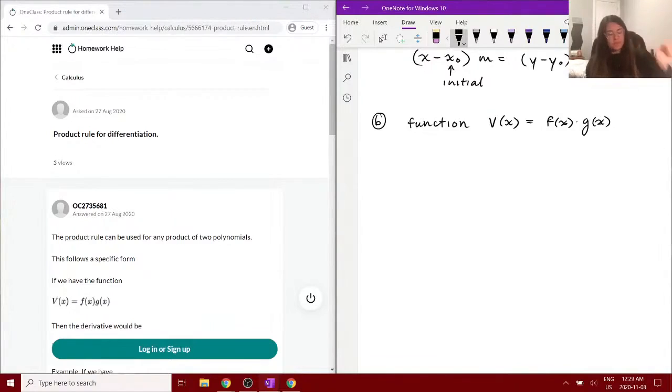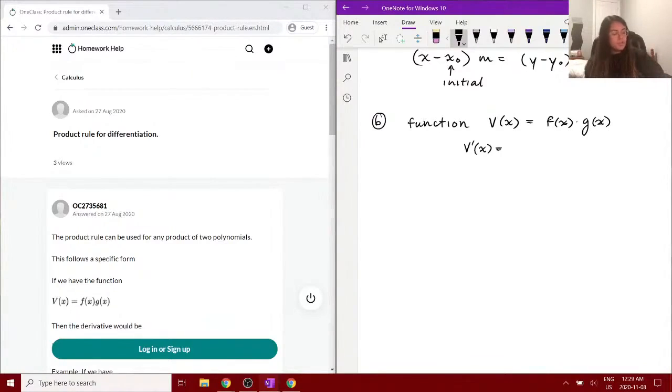If we want to take the derivative of this function, this would be a notation of the derivative of the function, right? We're trying to figure out how to take the derivative of these two terms when they are multiplied by each other. That is considered the product rule, okay?